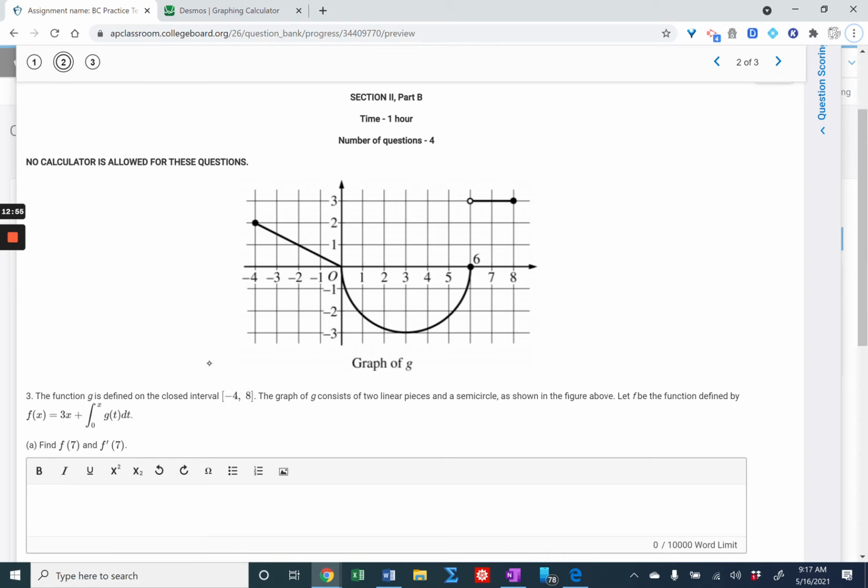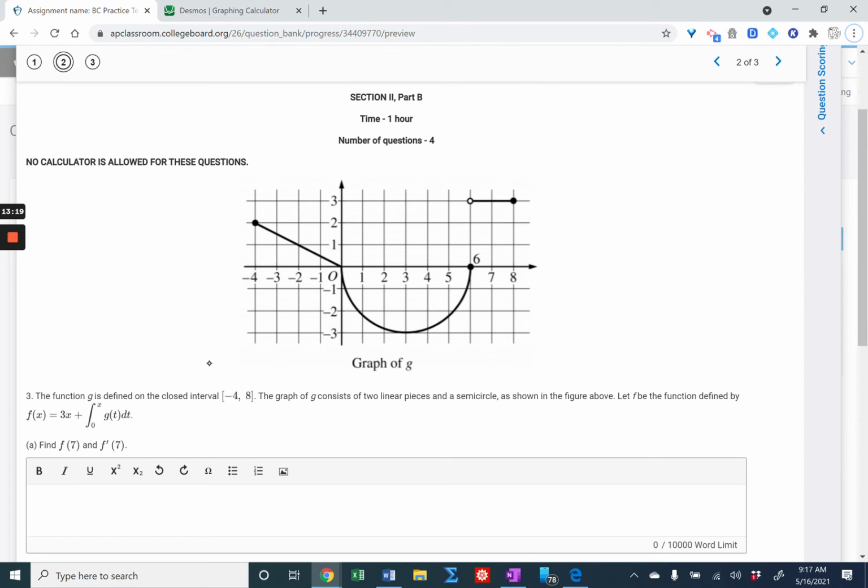So from 0 to 7, we have two regions defined with 2 different curves. We have this semicircle that's below the axis here, and then we have a horizontal line between 6 and 7. Now, some of you didn't count the semicircle area as negative, but you should have, because it's below the horizontal axis, and so some of you got it wrong for that reason.